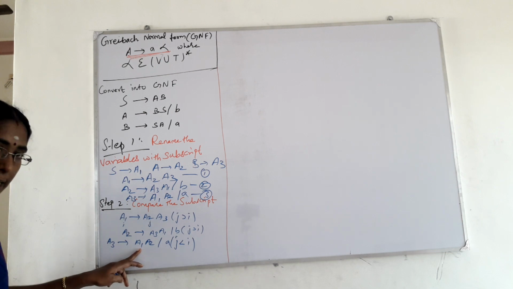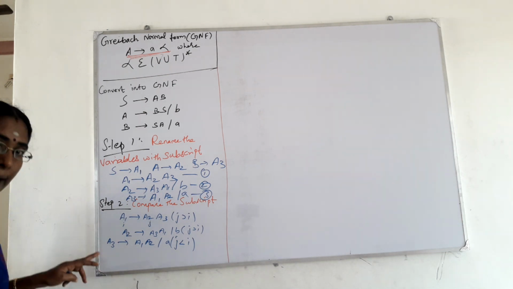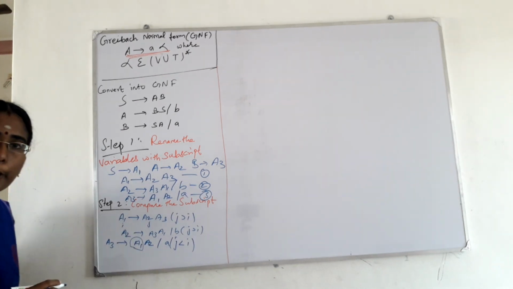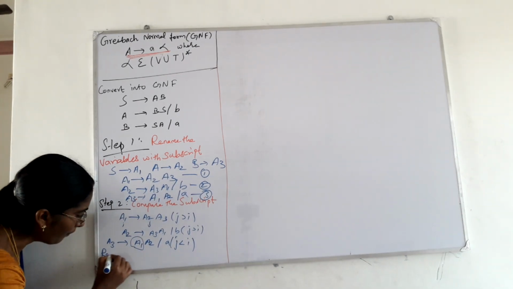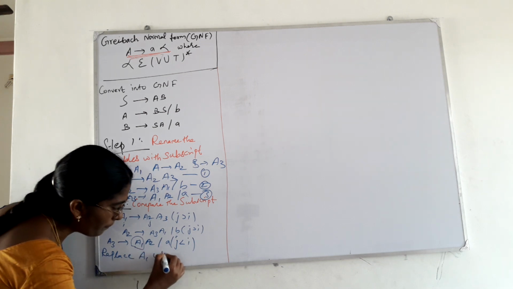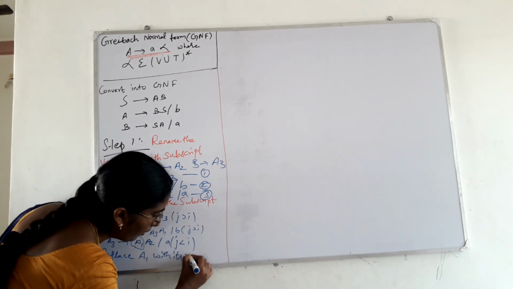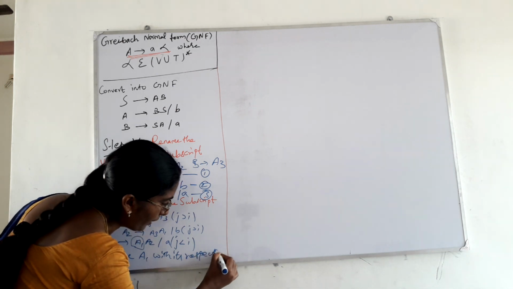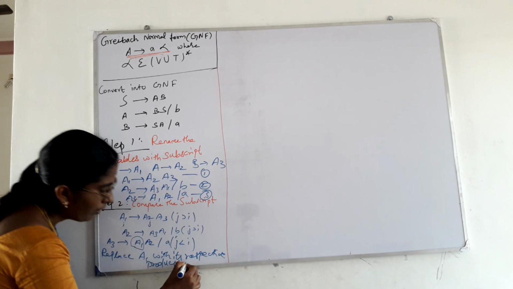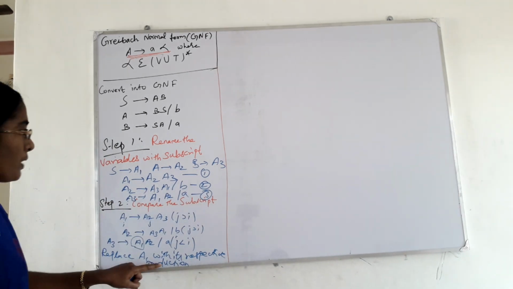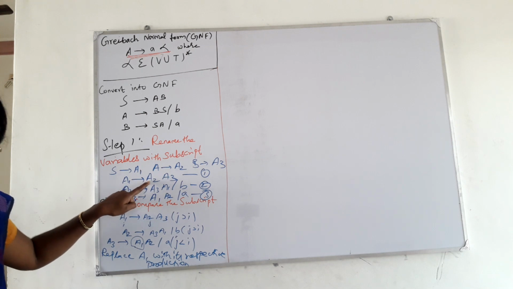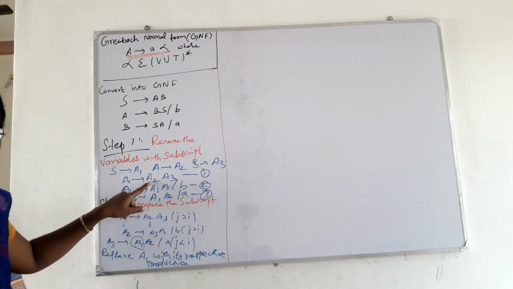If the j value is less than i, replace this variable with its respective production. Replace A1 with its respective production. What are the productions for A1? For A1 we have only one production, that is A1 implies A2 A3.